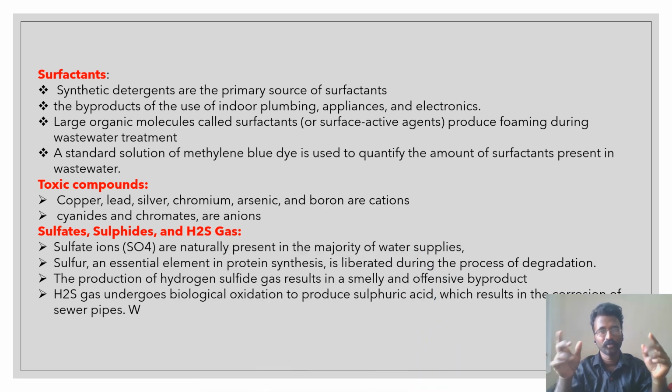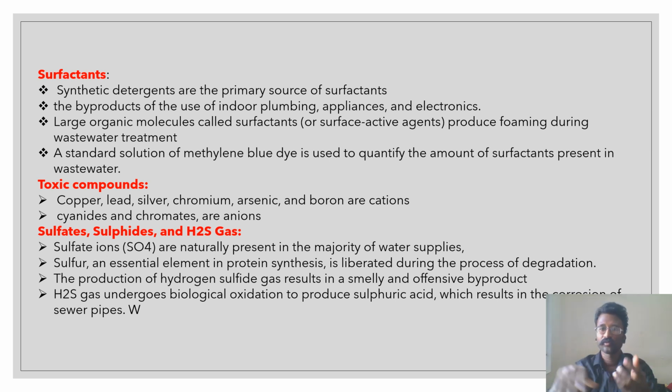Surfactants. Synthetic detergents are the primary source of surfactants. These surfactants are the byproducts of indoor plumbing, appliances, and also a lot of electronics. Large organic molecules are generally referred to as surfactants. These are surface active agents.